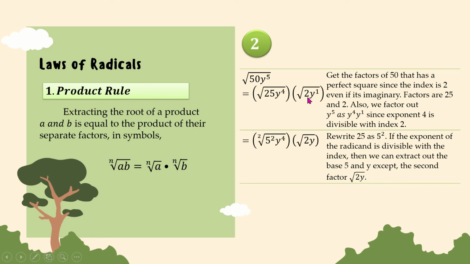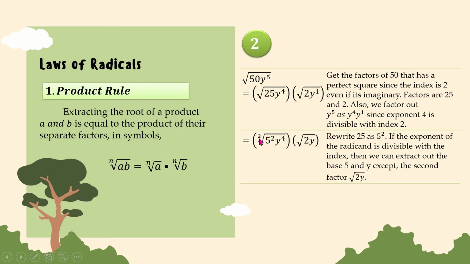Sir, 2y exponent 1? It is written as 2y only, sir. If the exponent of the variable is 1, it is understood, so we don't need to write the exponent 1. Same with when the index is 2, it's fine if it is not written, as long as it is the least exponent or the least index.